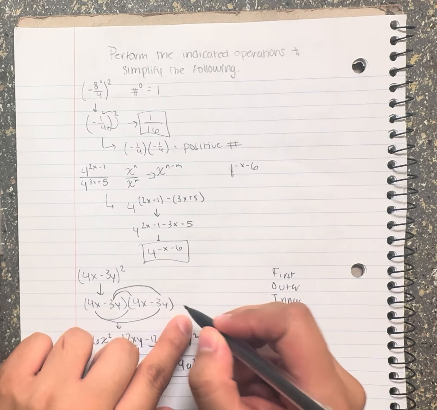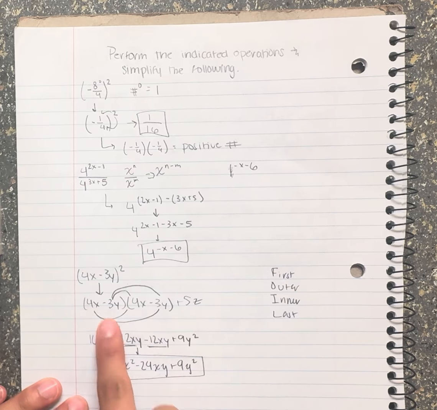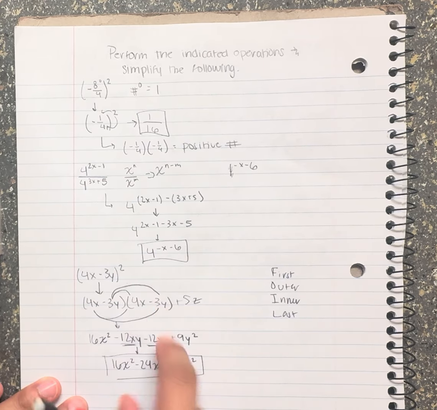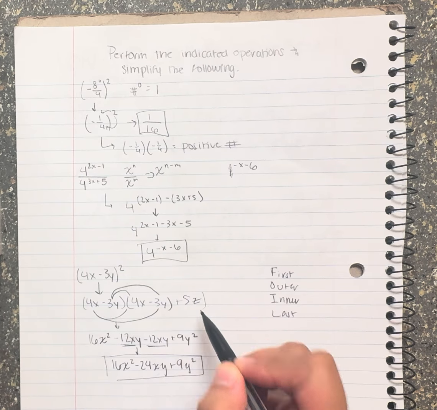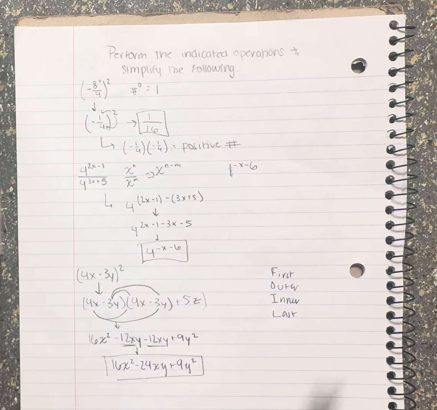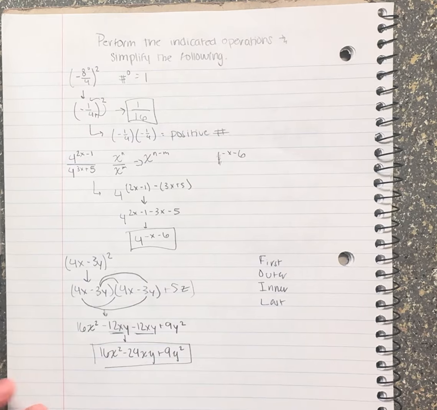For example, if this had a plus 5z, hypothetically, that's when the FOIL method gets kind of tricky. So that's when I would go by the thought process: I just have to multiply this by everything in here, and then this by everything in here. So that's just a little side note. Thank you.